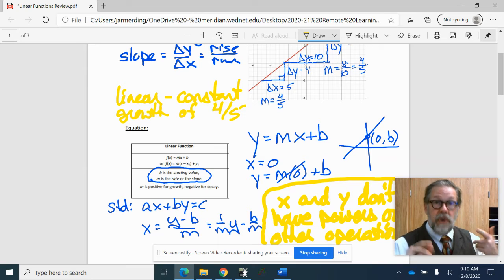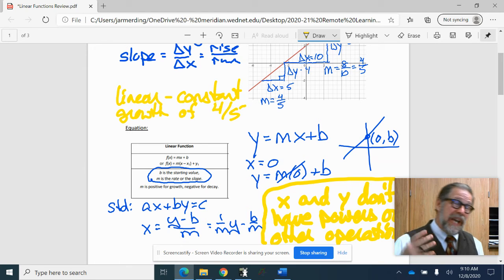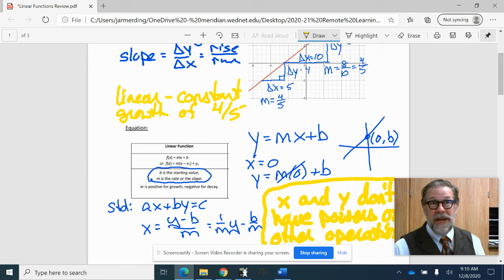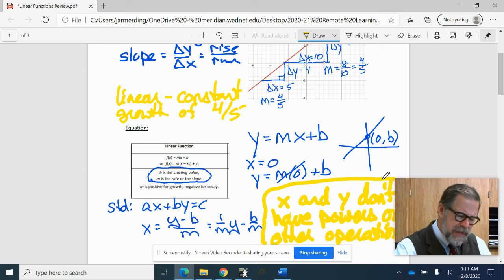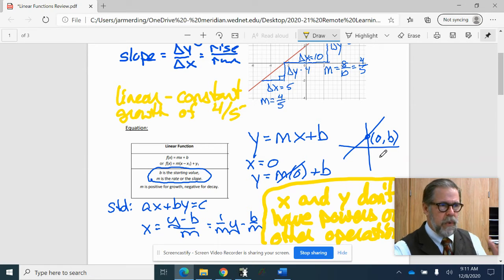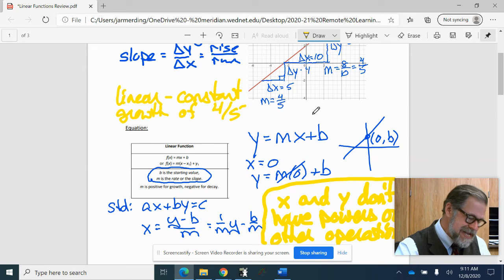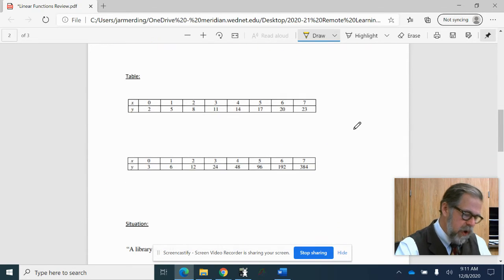Square root of x, not linear. But if you have x's, 2x, 3x, 4x, and you have 5y's, 6y's, a half a y, those are all linear because you just have an x and a y with no other operations acting on them. So that's really what you're looking for: do you see just an x and a y with nothing weird going on there? Okay, let's move on to table.